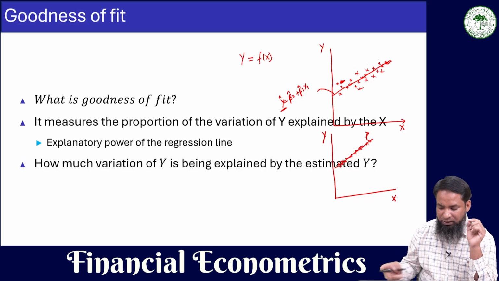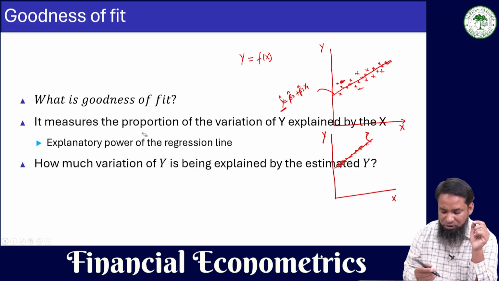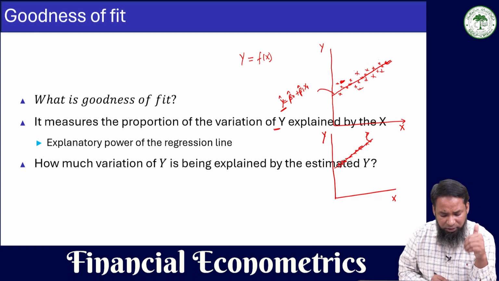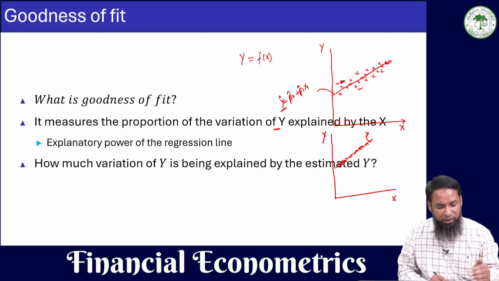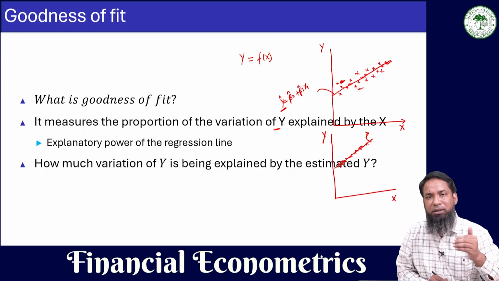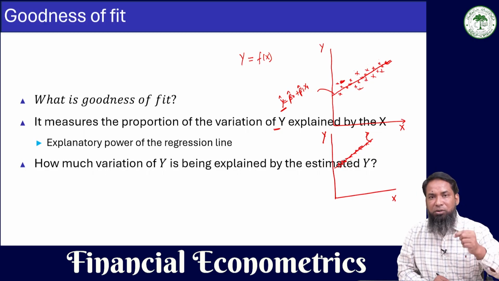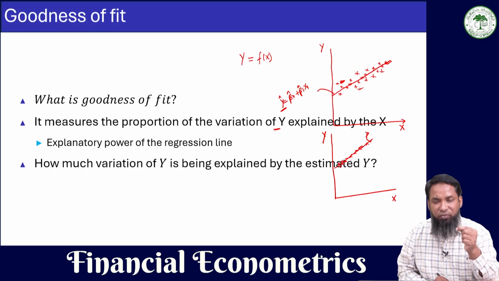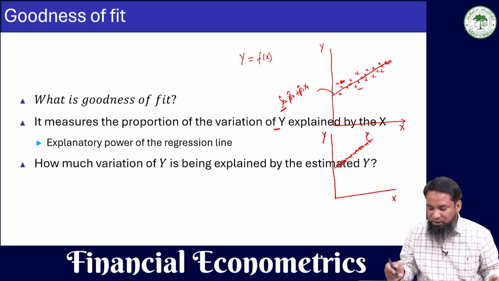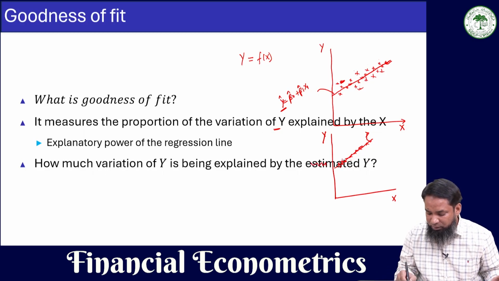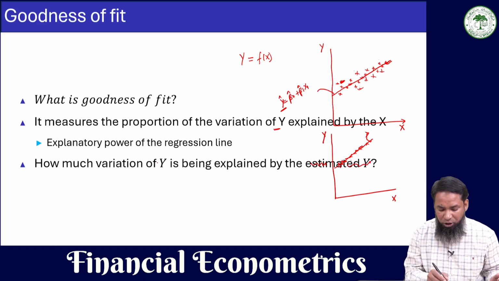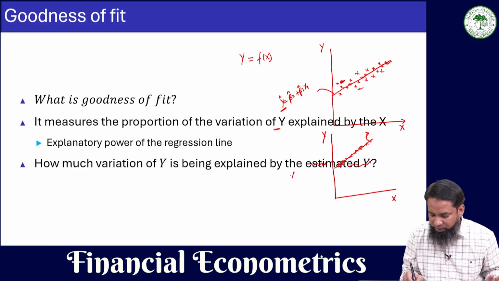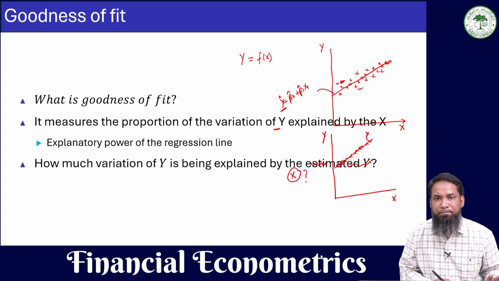It measures the proportion of the variation of y explained by x, or in other words, the explanatory power of the regression line. We basically want to know how much variation of y is being explained by x. That is the question we are asking.